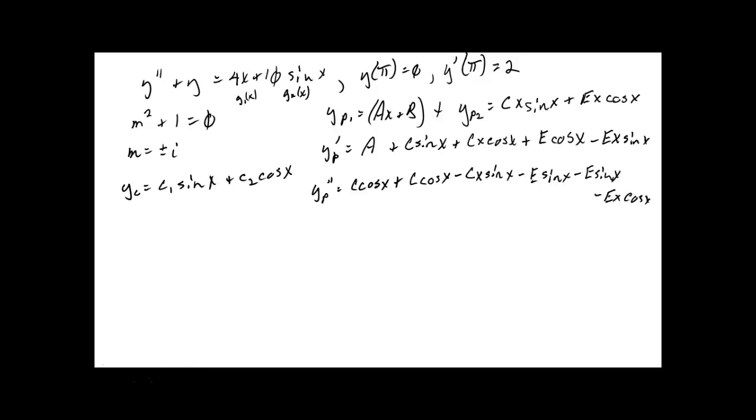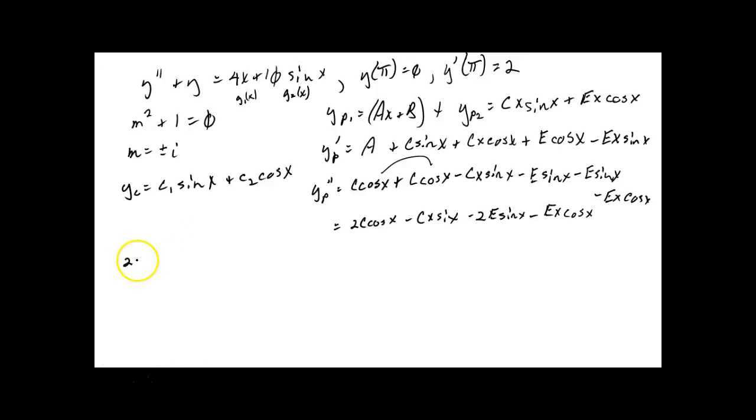Now, let's combine some like terms here. These two combine to be 2C cosine x. C's and cosines don't go well together. Minus Cx sine x minus 2E sine x minus Ex cosine x. Okay. Now, let's plug that into our original.